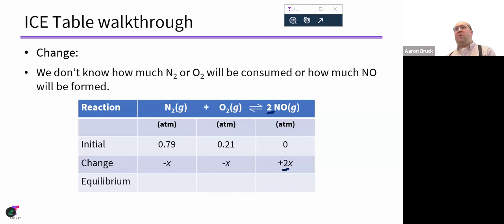I look at the direction that the reaction is going to go. Reaction participants on that side are going to gain in concentration, gain in pressure. Reaction species on the other side are going to lose in concentration, lose in pressure. And the amount that they gain or lose is going to be some variable. That's why we're using X here. And that variable can be multiplied based on the stoichiometry of the reaction.